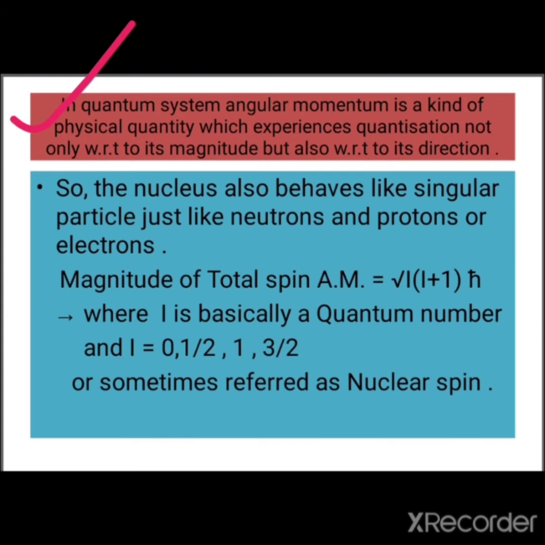Here the magnitude of total spin angular momentum is given by square root of I into I plus 1 times h cut, where I is a quantum number and I varies like 0, 1 by 2, 1, 3 by 2, and is sometimes referred to as nuclear spin.